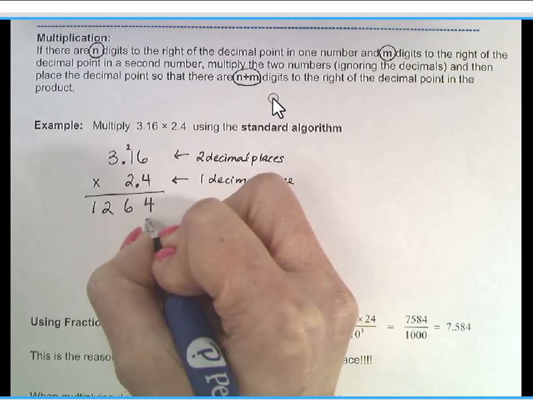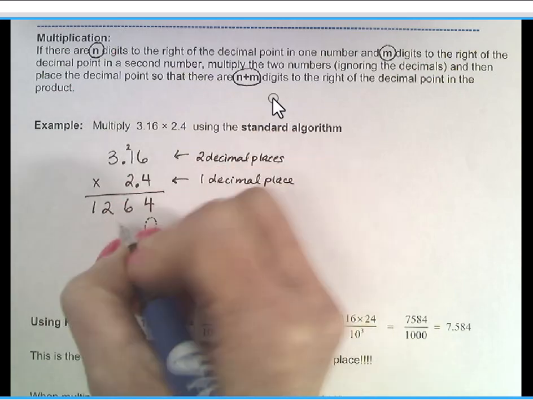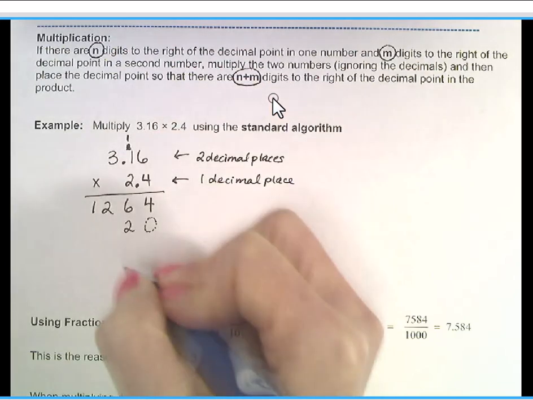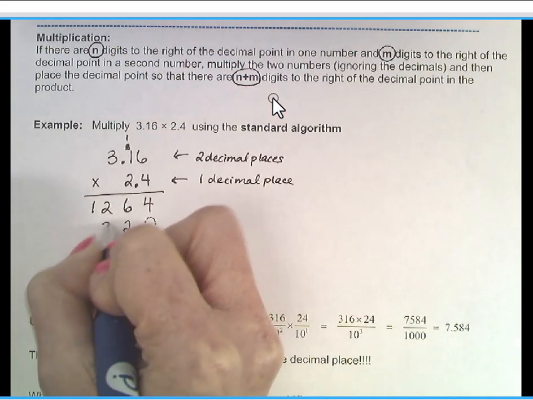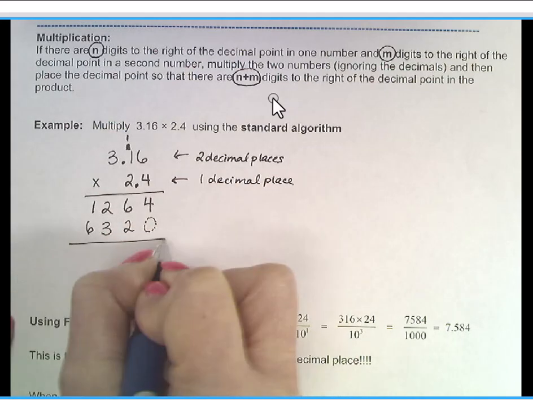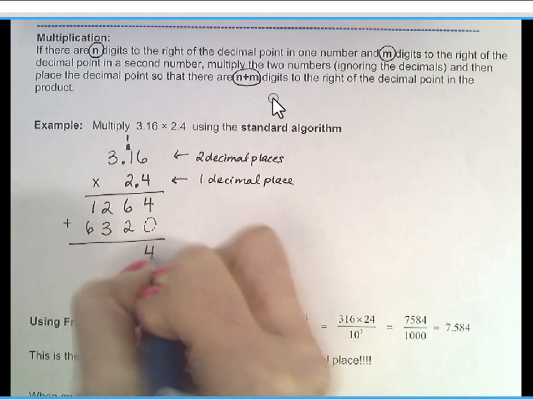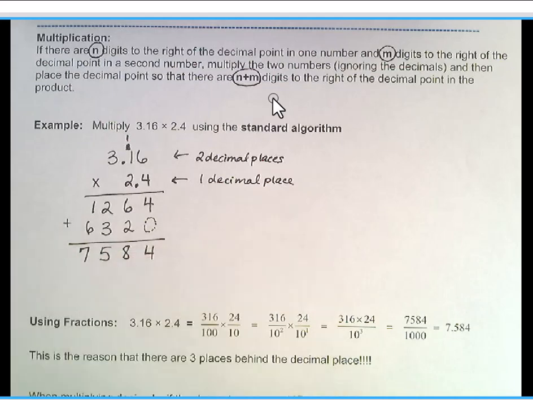Then you scoot over, put a 0, and multiply by the 2. 2 times 6 is 12, so put down the 2 and carry a 1. 2 times 1 plus 1 is 3. And then 2 times 3 is 6. Then we add all that together, so we have a 4, an 8, a 5, and a 7.